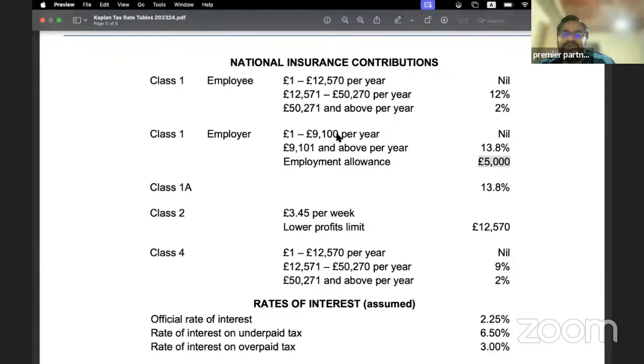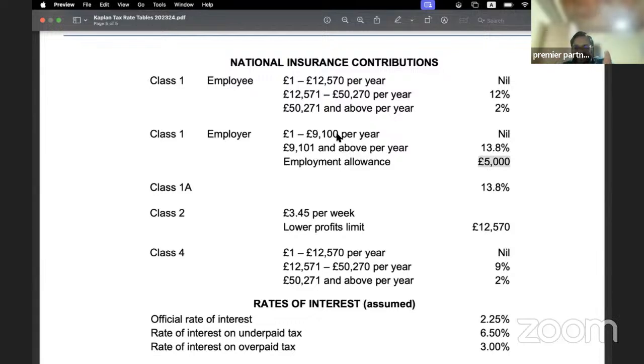Right. So employment allowance is, I will re-explain this whole employment allowance concept since the query was raised. From the employer's side, when he is making the class 1 employer contribution, for each employee he will calculate individually. Let's say he has 3 employees, X, Y, Z. For X separately, for Y separately, for Z separately, they will calculate the class 1 employer contribution.